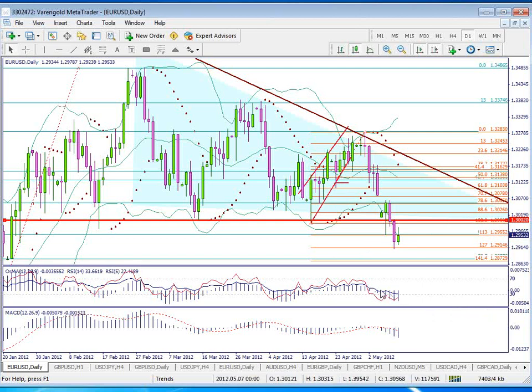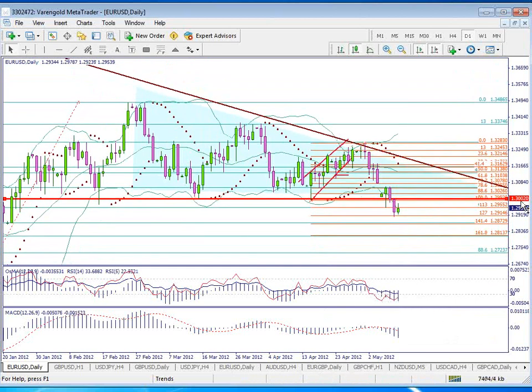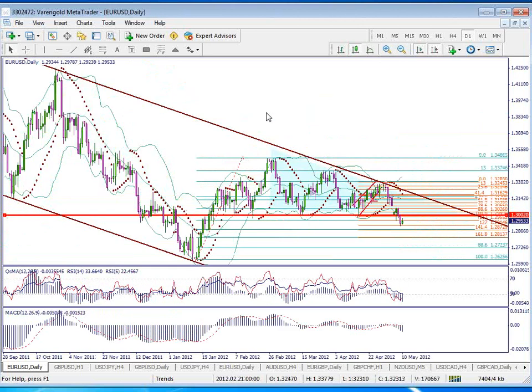For this pattern, usually the target is the previous low. So we can expect something like this, like a first target. Probably we can also expect 161 if we want to feel more comfortable.